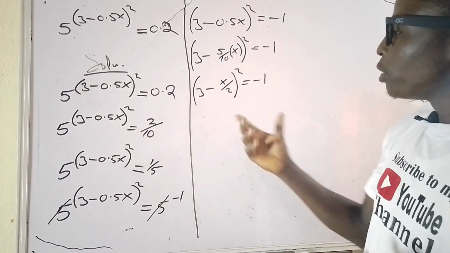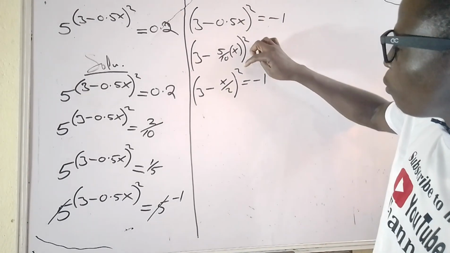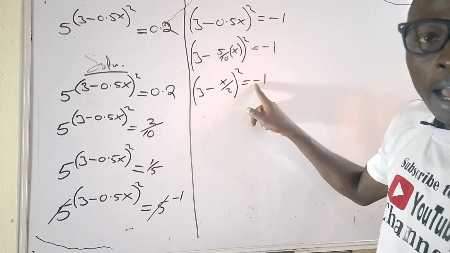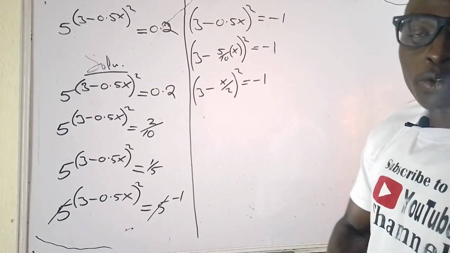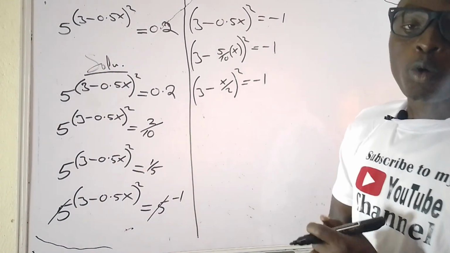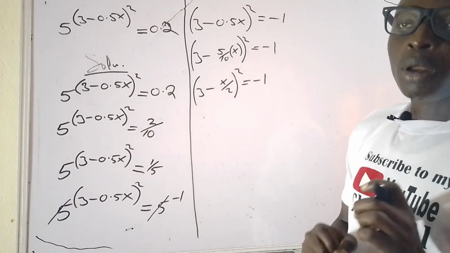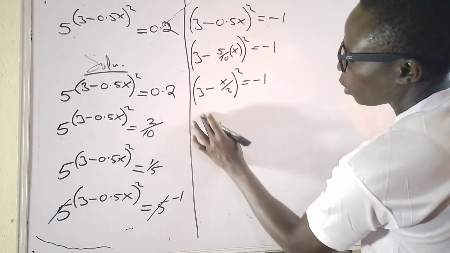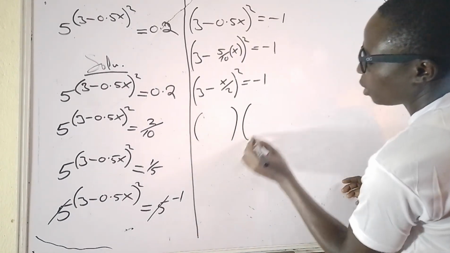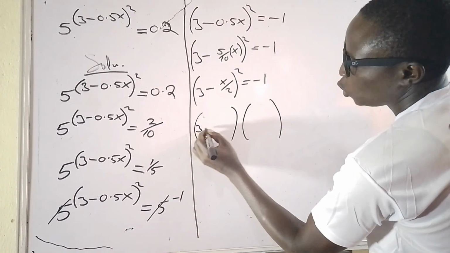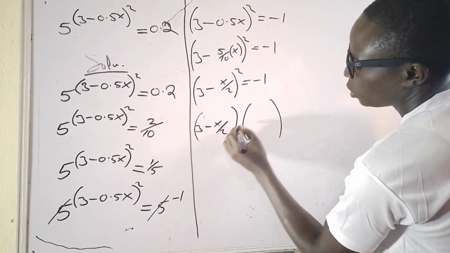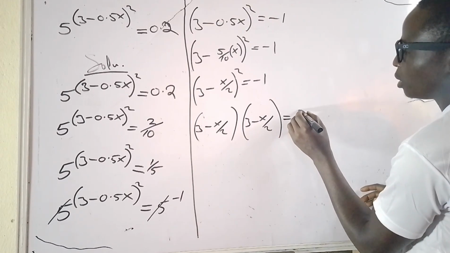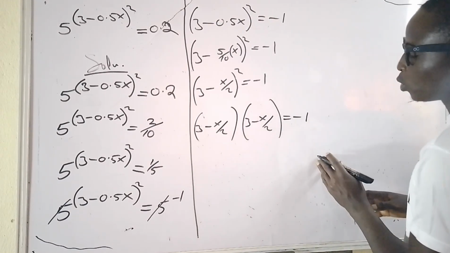So this bracket can be written in two places, so as to avoid taking the square root of both sides, because on the right-hand side I have minus 1, and the square root of minus 1, going by our complex numbers, will be i. So in order to avoid that, I can rewrite this in two places. This is 3 minus x over 2, this is 3 minus x over 2, then everything is now equal to minus 1.